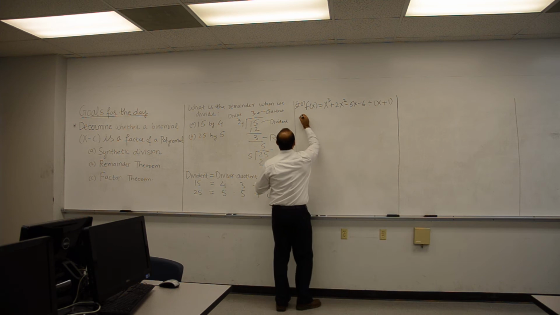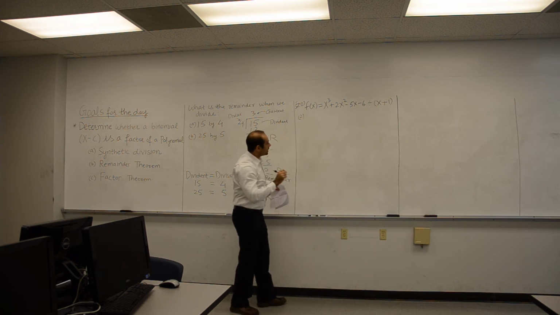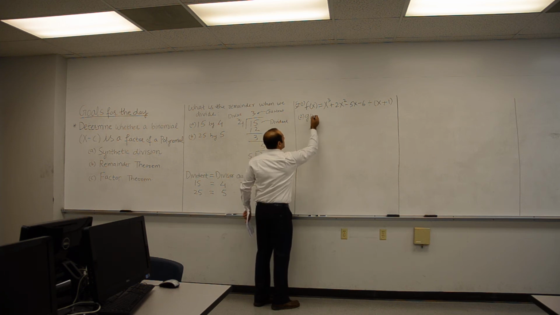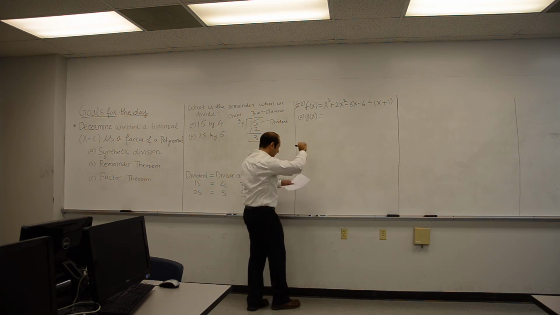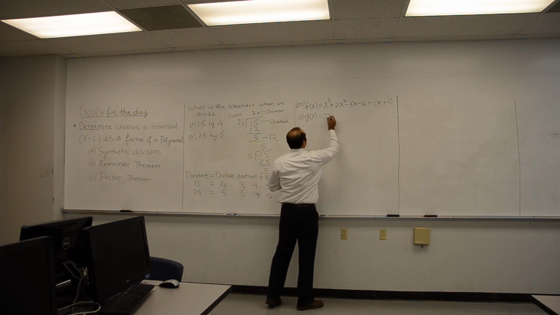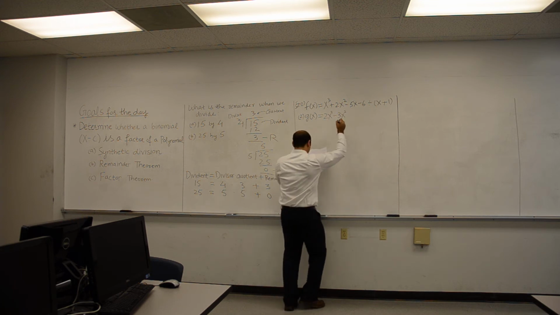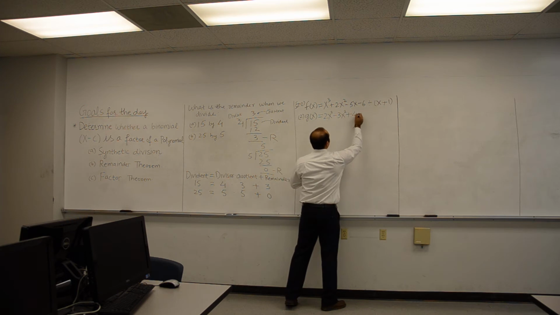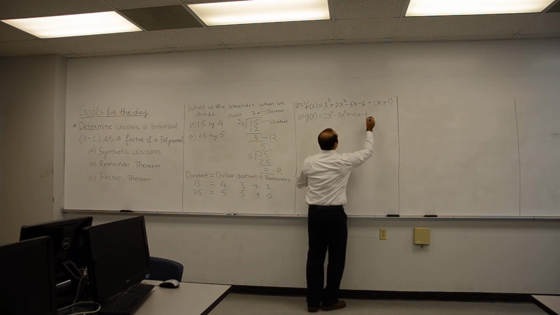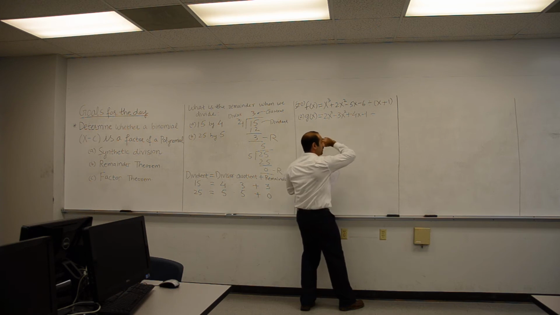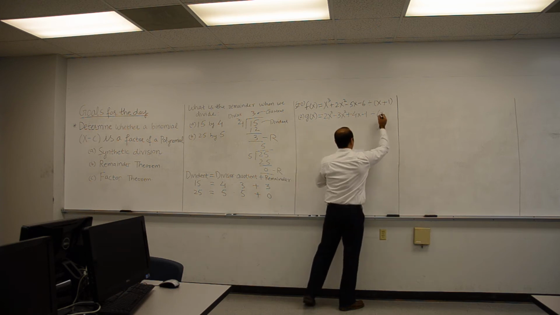We also want to look at another polynomial function, g of x equals 2x cubed minus 3x squared plus 4x minus 1, and find the remainder when this is divided by x minus 2.